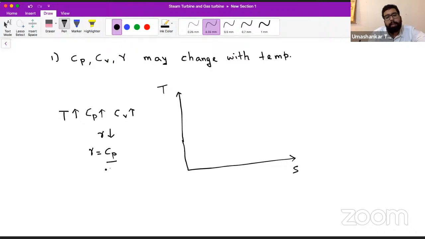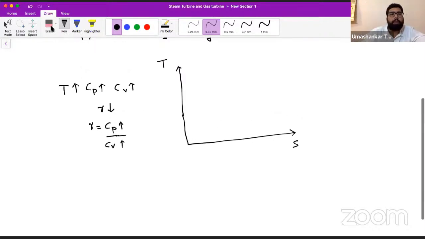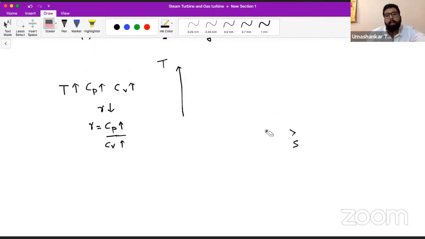Simple mathematics: any fraction greater than 1, when both the numerator and denominator are increasing, then the value of the fraction will certainly get reduced.